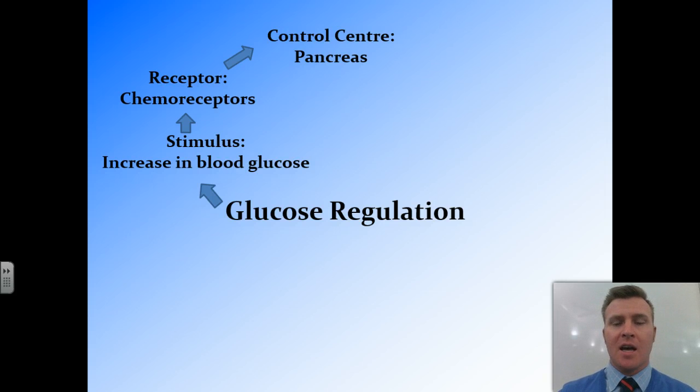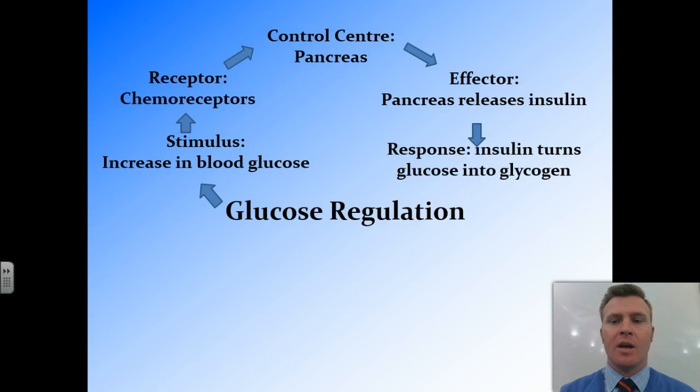They recognize that the glucose levels are too high, and the pancreas releases the hormone insulin. Insulin stimulates glycosynthesis, which turns glucose into glycogen, which brings our glucose levels in the blood back down to our homeostatic level.